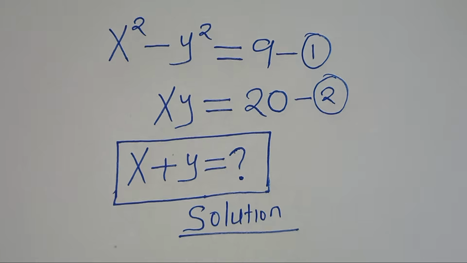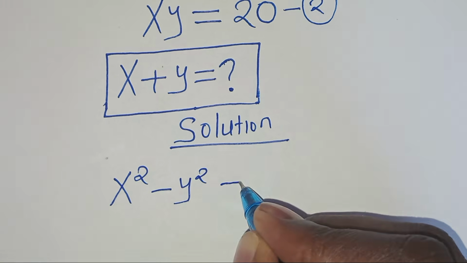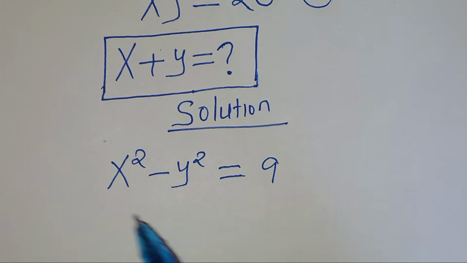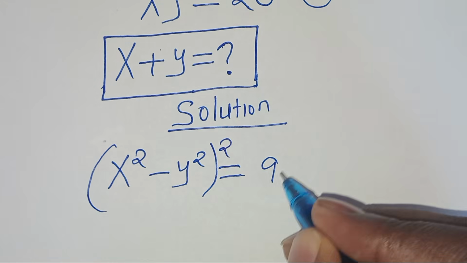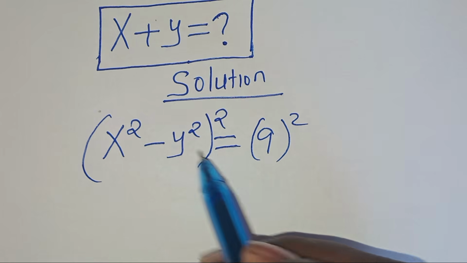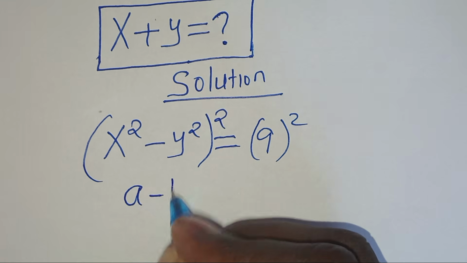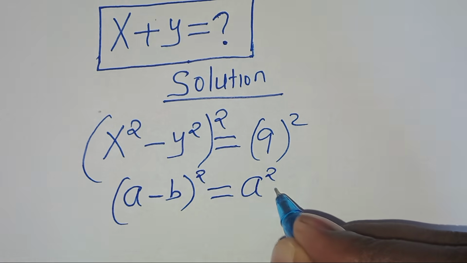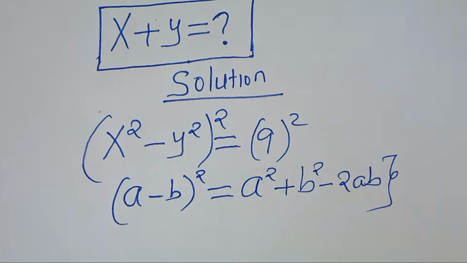From equation 1, x squared minus y squared is equal to 9. We can square both sides, so that now (x squared minus y squared) to the power of 2, which is in the form of (a minus b) raised to the power of 2, we can express as a squared plus b squared subtract 2ab.